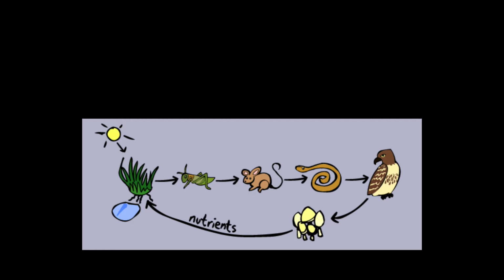So the plant is giving its energy to the grasshopper when the grasshopper eats it. The grasshopper gives its energy to the mouse when the mouse eats it. The mouse gives its energy to the snake when the snake eats it. And the hawk gets energy from the snake when it eats the snake.